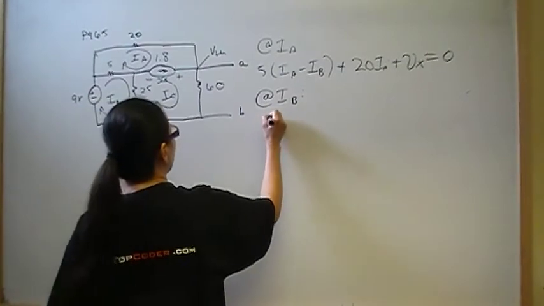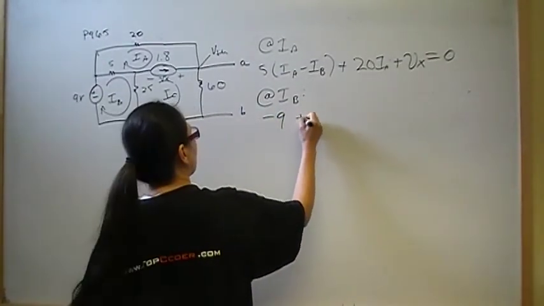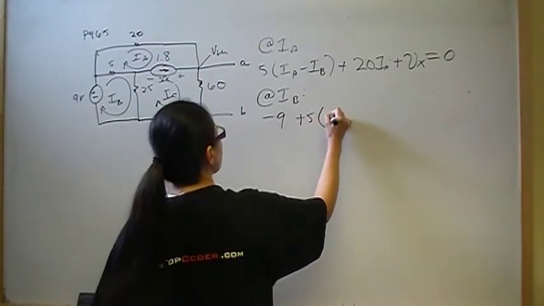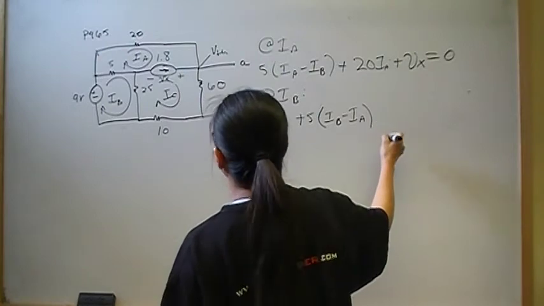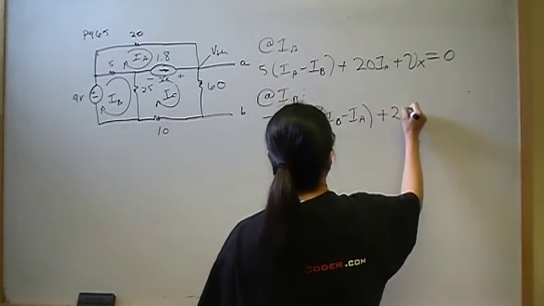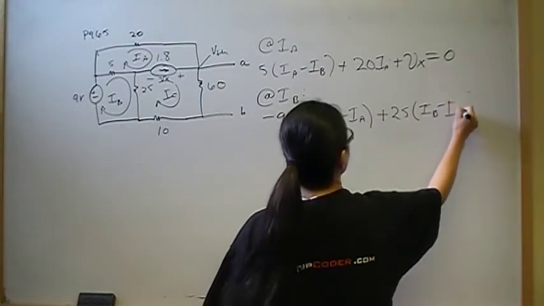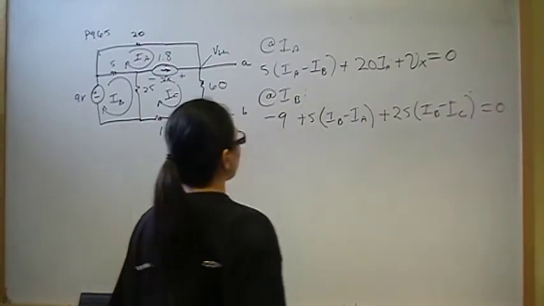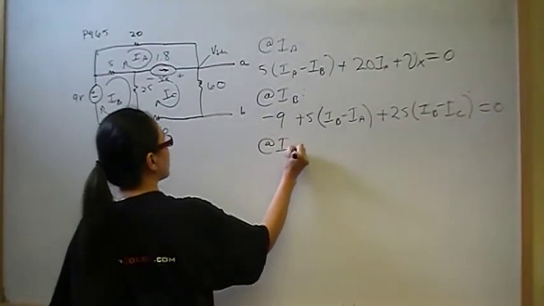So here we have 9 volts, so minus 9 volts is the first voltage drop we see. And then we have 5 times IB minus IA. And then plus 25, that's going to be times IB minus IC. That's equal to 0.